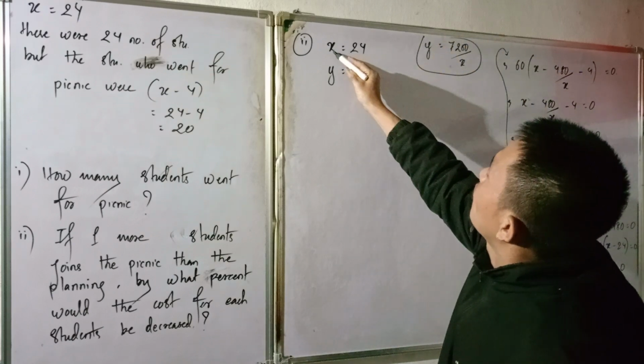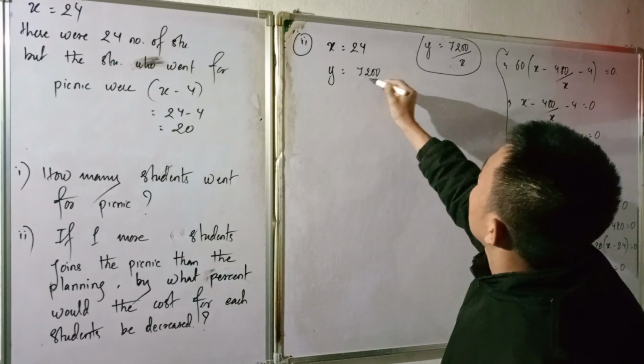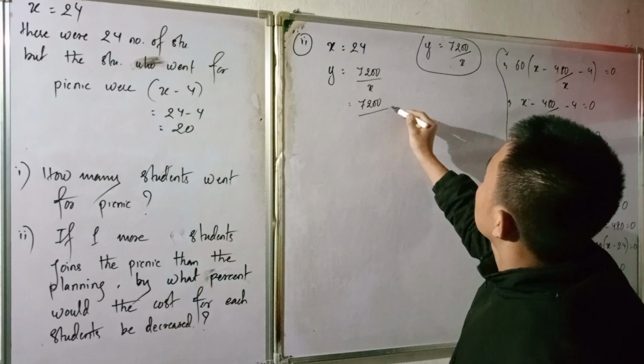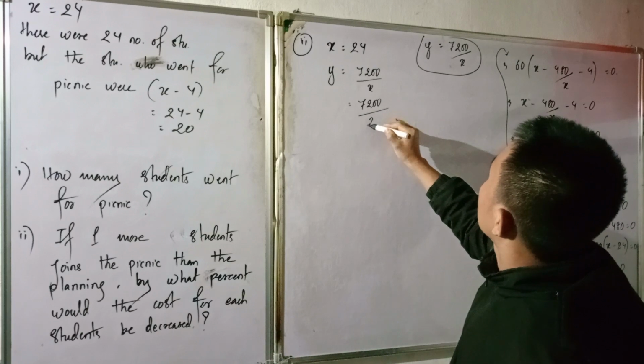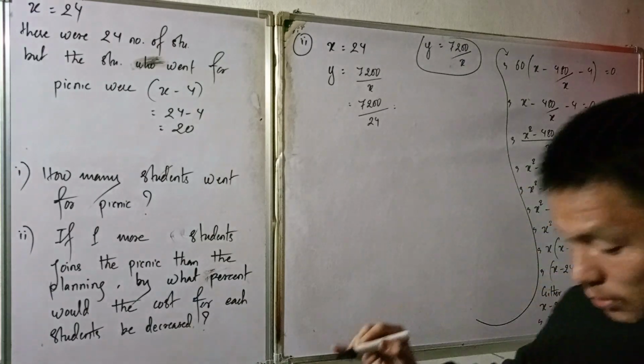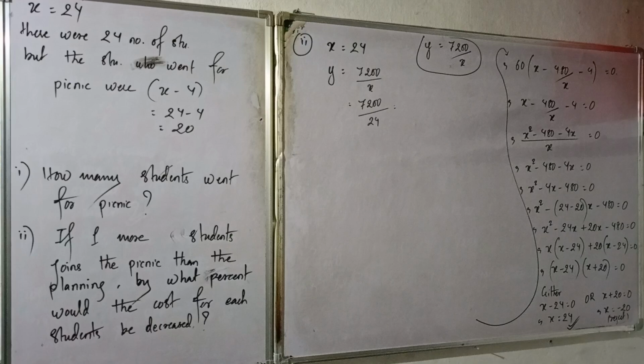Now when x equals 24, then y equals 7200 divided by 24. So this becomes 300.